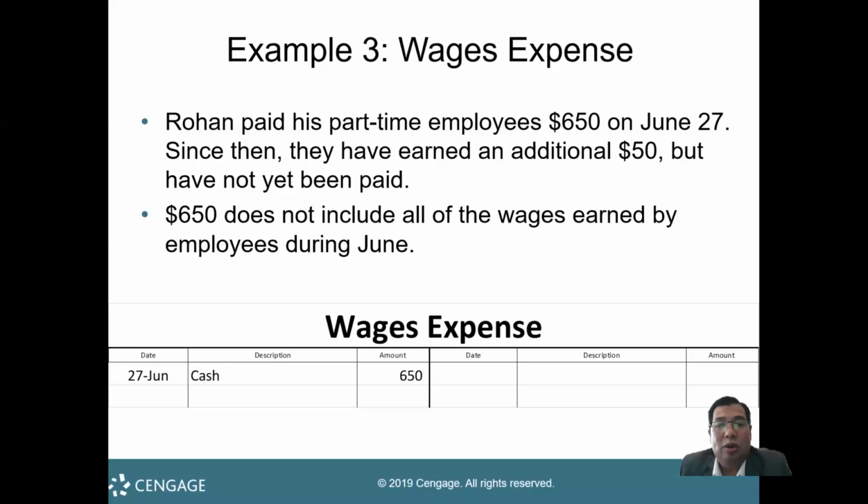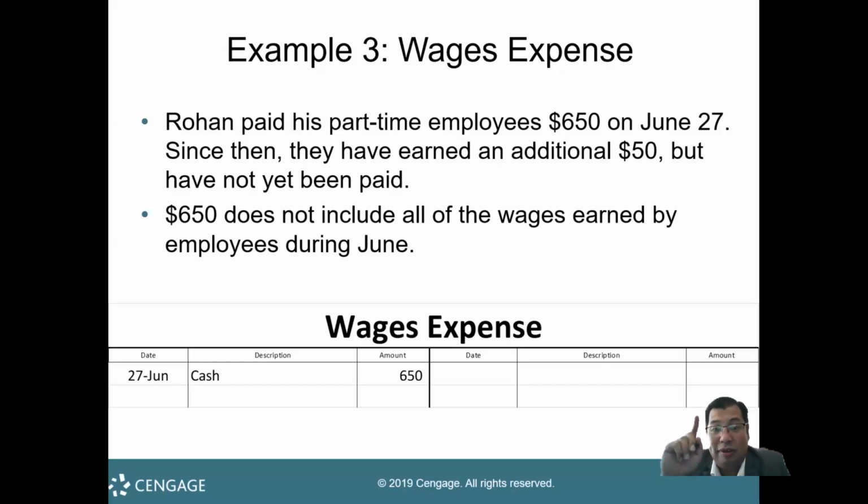So the 650 does not include all wages earned by employees during June. It should include an additional $50 of unpaid wages. So the correct figure for your wages expense should not be 650. It should be 700, 650 plus 50.